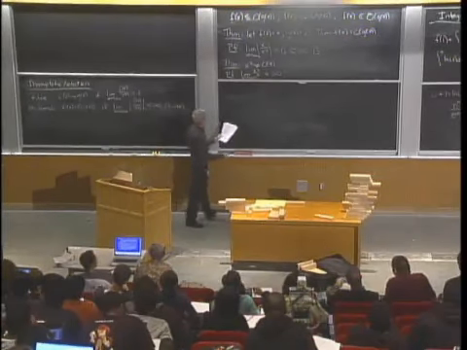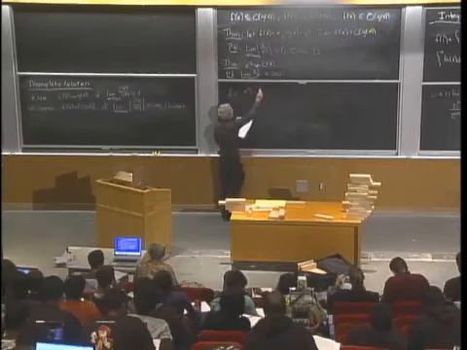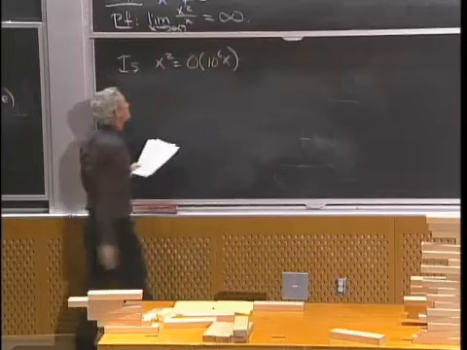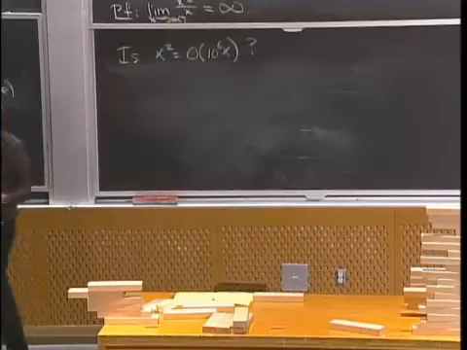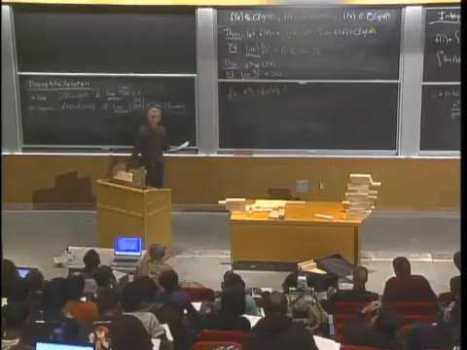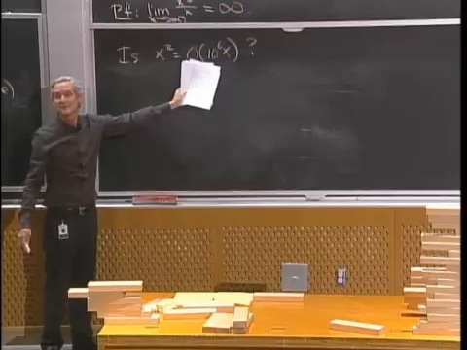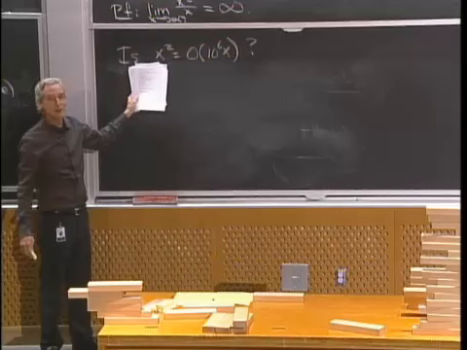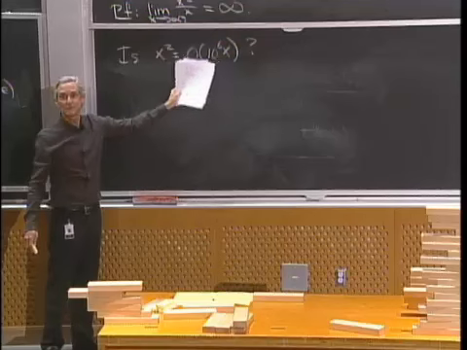All right, what about this? Is x squared equal O of 1,000,000 times x? Yes? No? What do you think? This looks pretty darn big. It's a constant. So in the limit, as x goes to infinity, this over that is infinite.